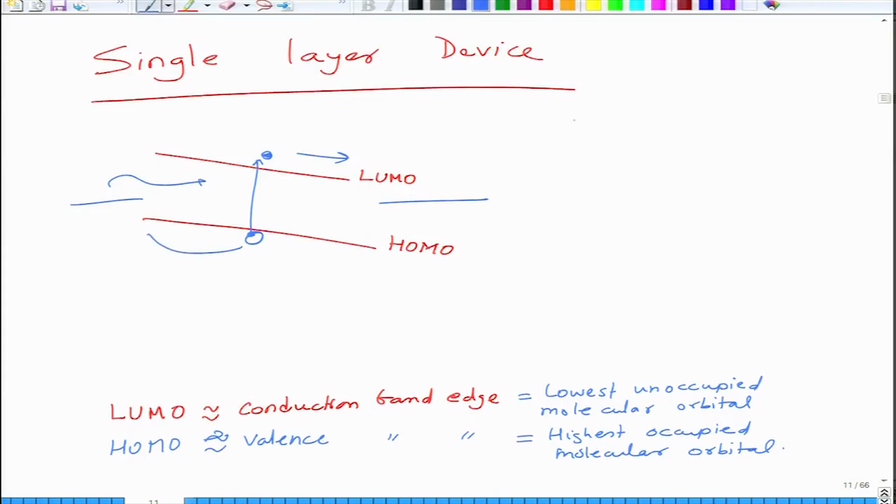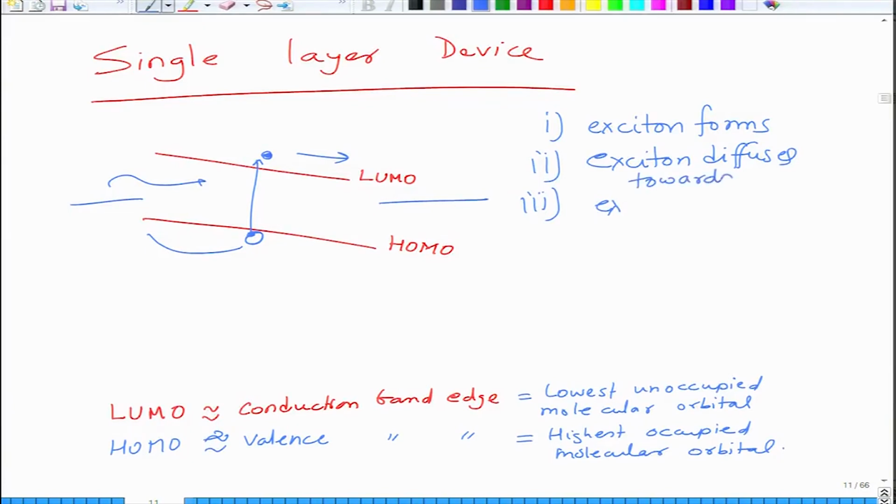So, first the exciton forms, second the exciton diffuses, third the exciton diffuses towards one of the electrodes, and that depends upon where the excitons are created more, whether on top or on the bottom.